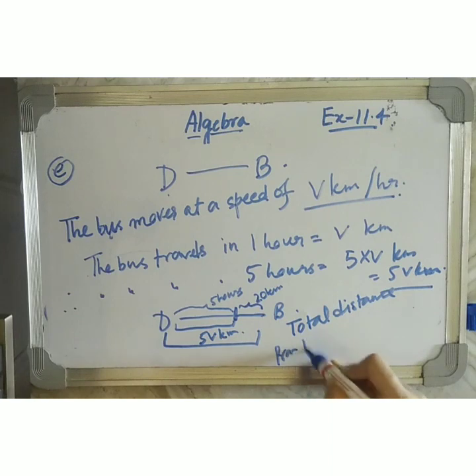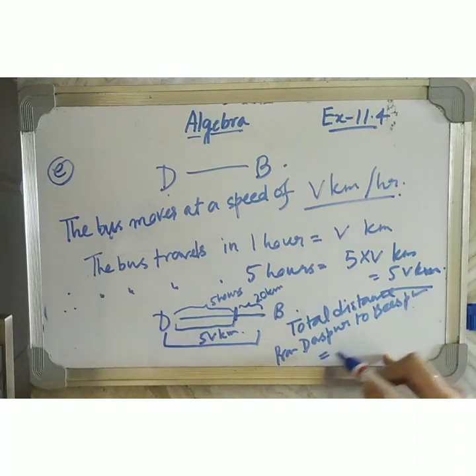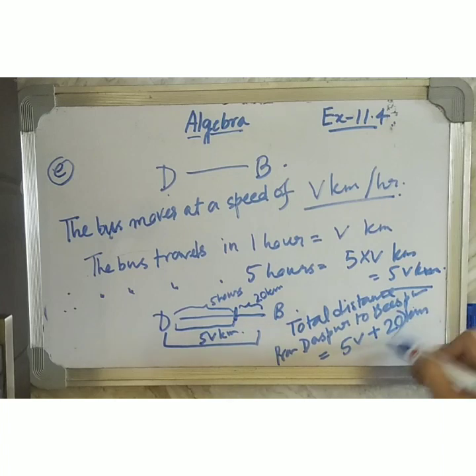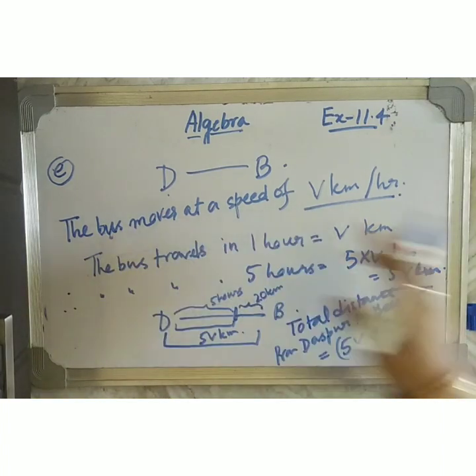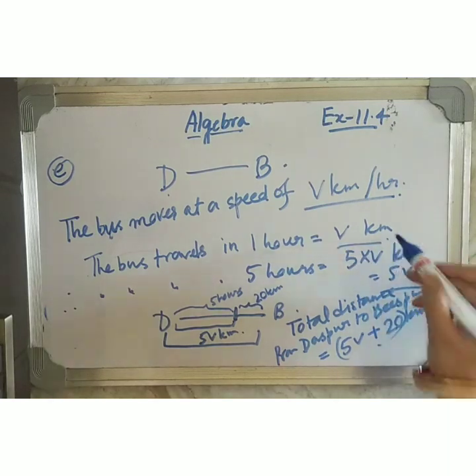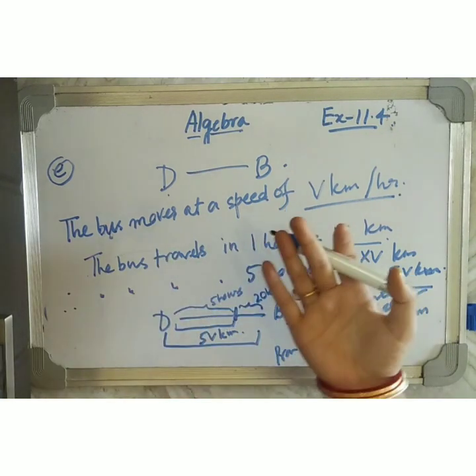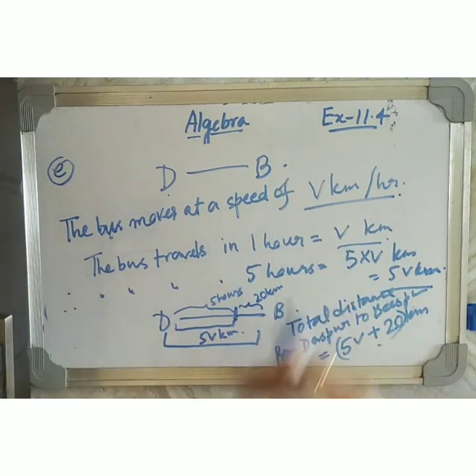From Dashpur to Bispur is 5v plus 20 kilometers. Isn't it? The bus has travelled for 5 hours with a speed of v kilometers per hour, meaning in 1 hour the bus is travelling v kilometers. So first we have to find how much distance it has covered in 5 hours.